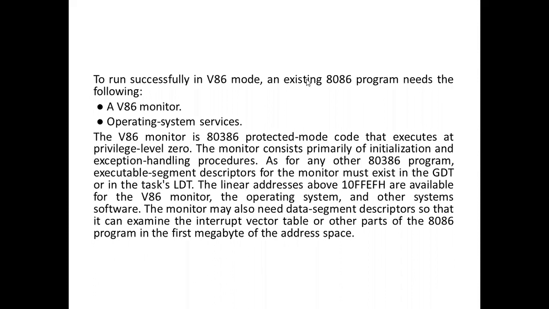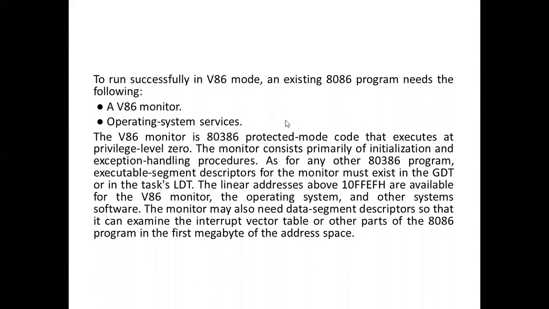Whereas the changes we are going to have are in the executable segments, which you mention in the GDT or in the LDT. It is expected to get an appropriate mapping. If required, we need to make changes, and we need to maintain some exceptions that may occur in the program.